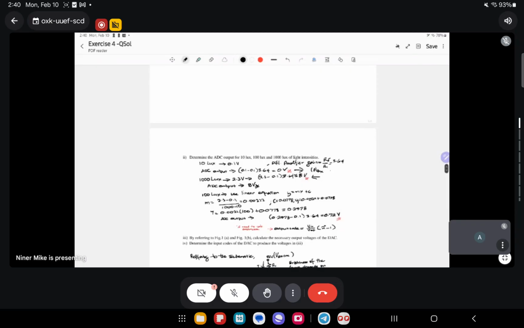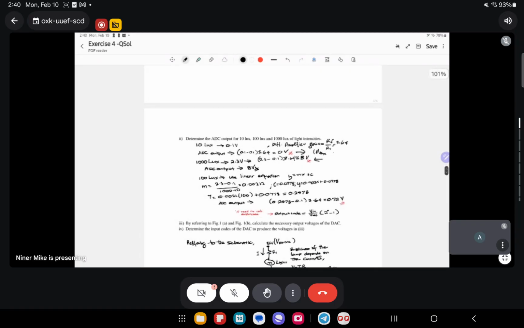But if it is 100 lux, you have to use a linear equation. This is one of the ways to use a linear equation to get the 100 lux, because it is supposed to change linearly.